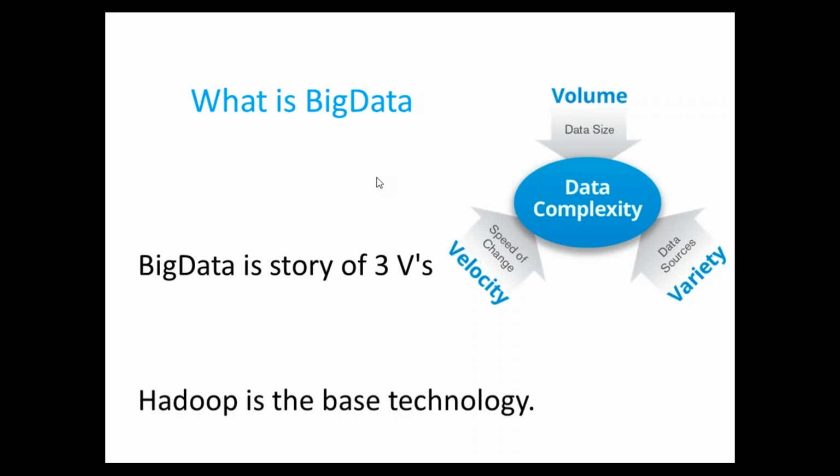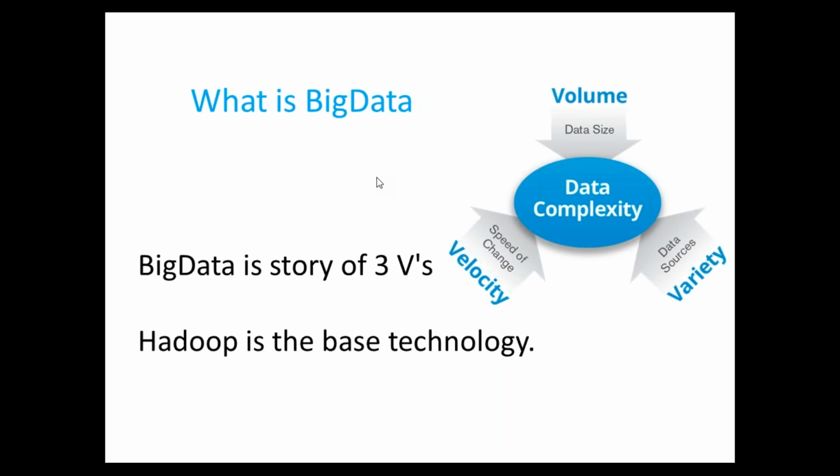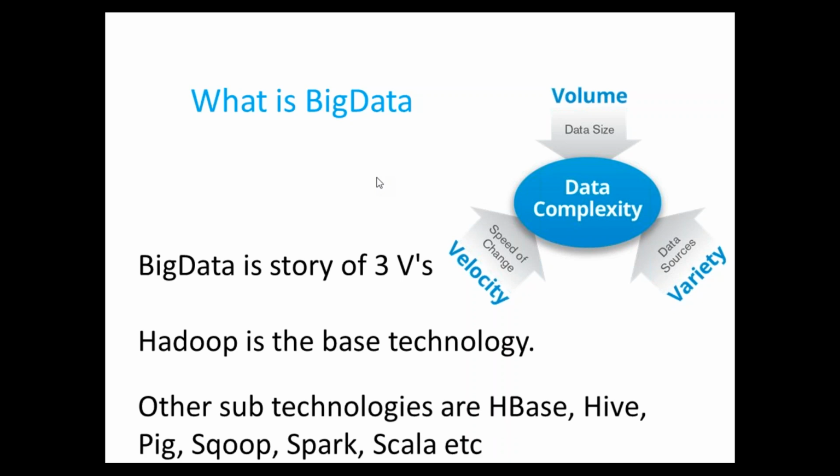Because Hadoop is a base technology. It provides the base for other sub-technologies. On top of Hadoop, other sub-technologies like HBase, Hive, Pig, Sqoop, Spark, Scala run. So when we say Hadoop, that means only Hadoop.